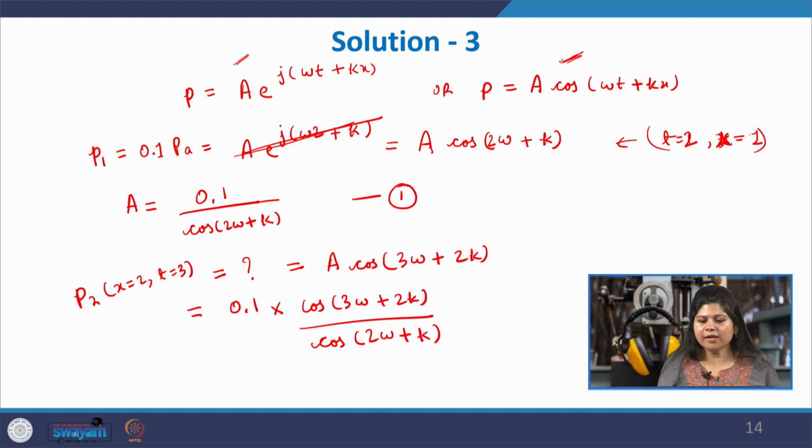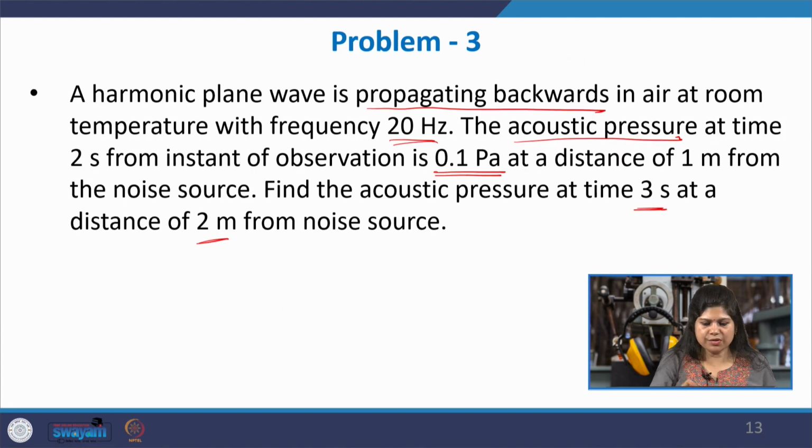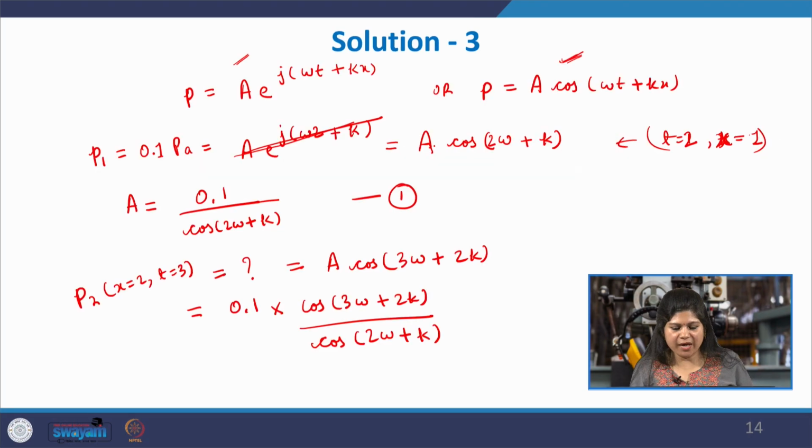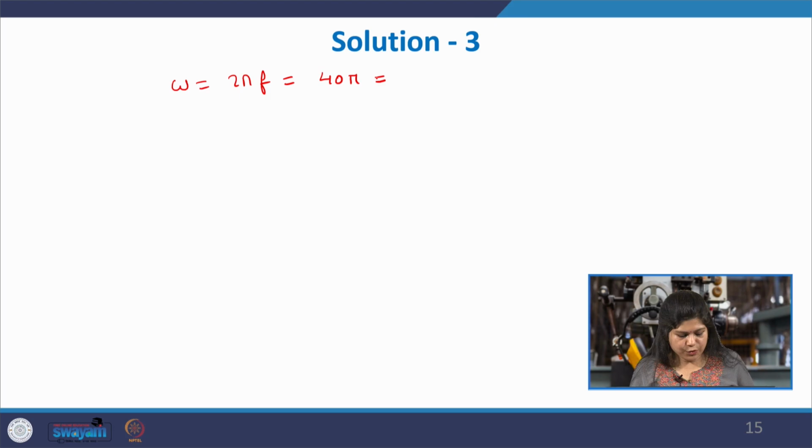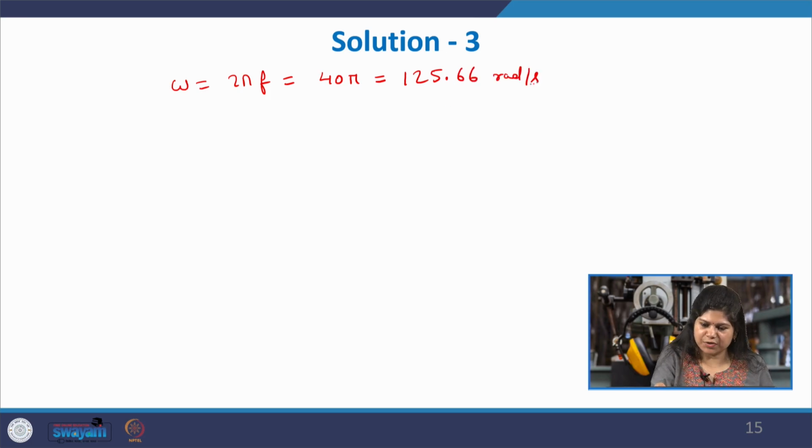Now, we are already given the frequency, which is 20 hertz. So, we can find k and omega and substitute into this final equation. First of all, let us find omega, and then we can use it to find k. Omega is 2 pi f, so 40 times pi, which comes out to be 125.66 radians per second.